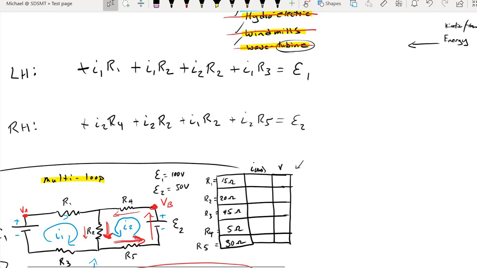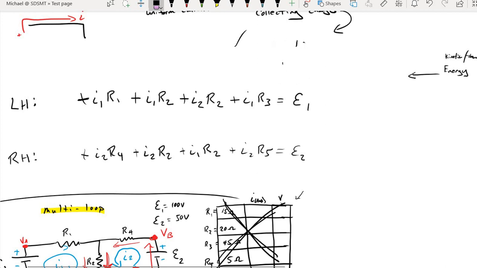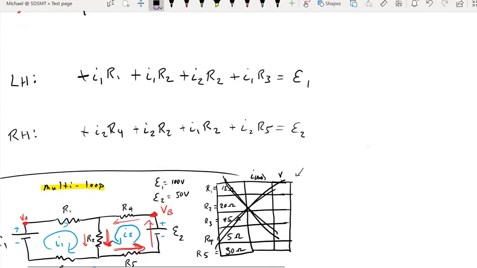I know what all the resistor values are, I know what the battery values are, and you'll notice we haven't even touched the table. This was kind of going on the impression that we were going to use the equivalent resistor approach, so I guess that was a bit of a misleading step there, but at this point we have two equations with two unknowns, and we can solve for those two unknown current values.